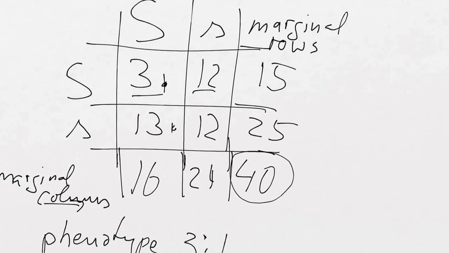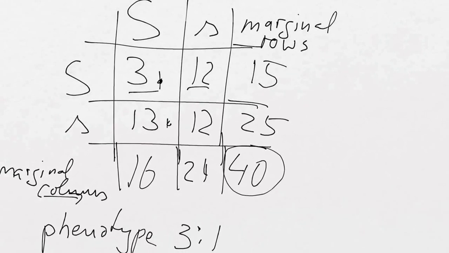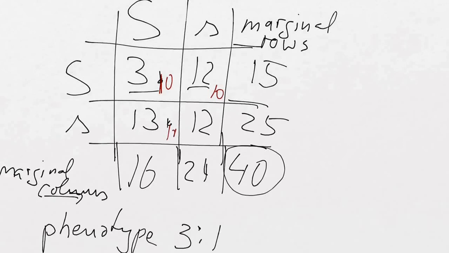What would we expect for each of these squares if it was just simply random? We would expect for each square 10, 10, 10, and 10, right? Because it's absolutely random. This is what our expected numbers would be. Again, we have 4 times 10, so we have our 40 little baby dragons.